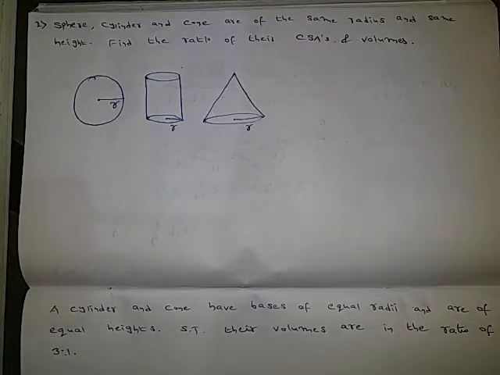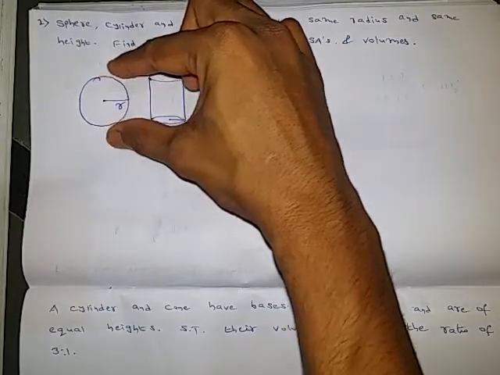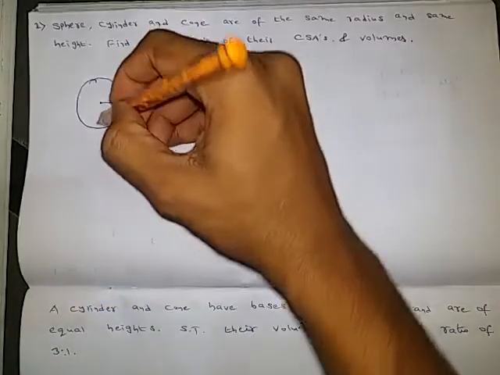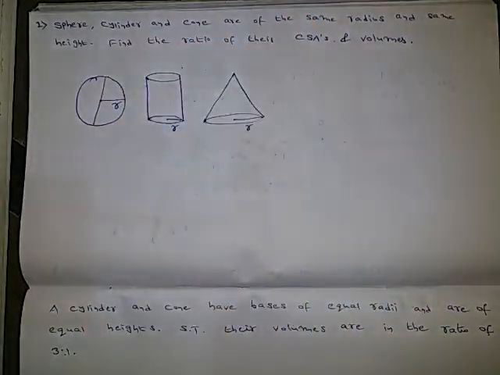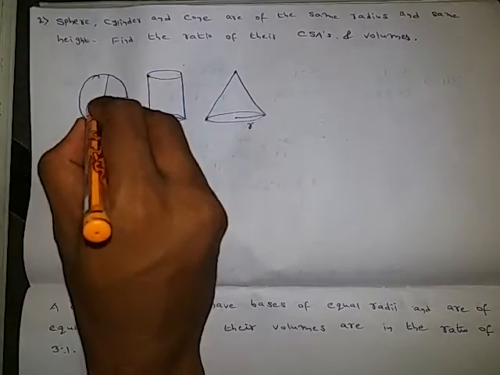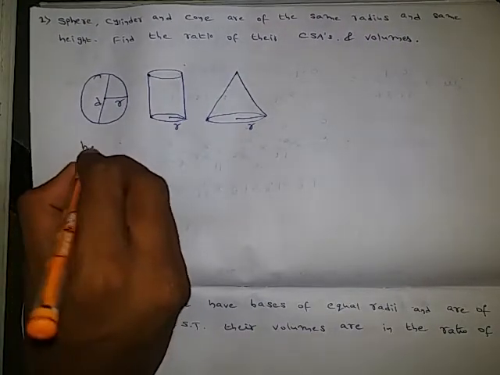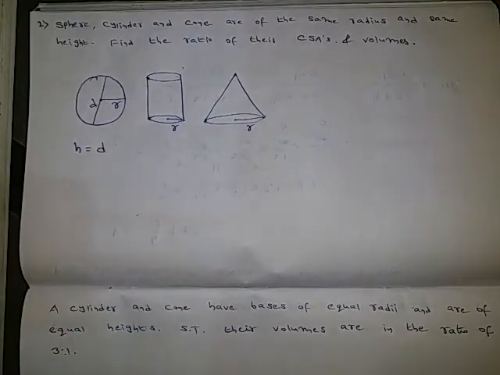Now if you check the height of the sphere, this part will become the height of the sphere. That is nothing but one straight line which is exactly going through the center. That will become the height of the sphere, that is nothing but the diameter. So height of the sphere is nothing but diameter of the sphere.